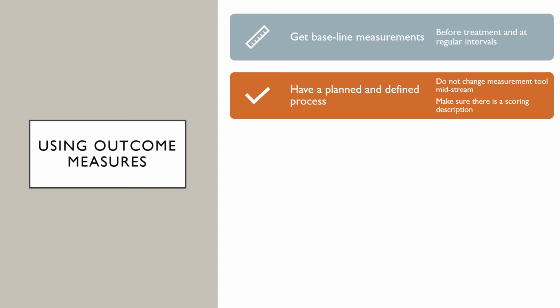So if you're measuring a person's range of motion for their low back pain, there is a test called sit and reach, which measures flexibility in hamstrings, which can be related to low back pain because tight hamstrings can cause low back pain. So you're not going to switch measuring tools in midstream. The first time they come in, you do sit and reach, and then the next time they come in, you're not going to do a different measurement of their low back pain. You don't want to do that.